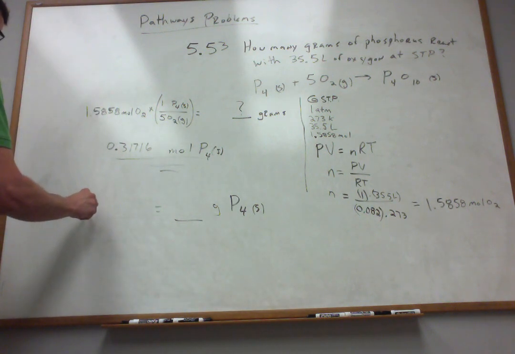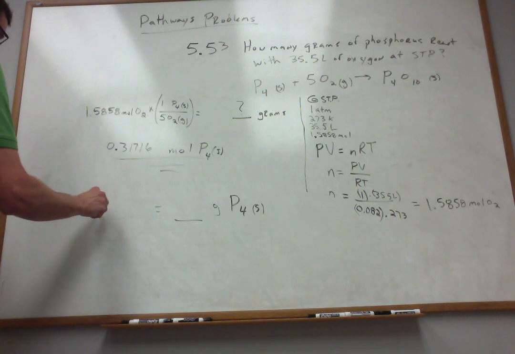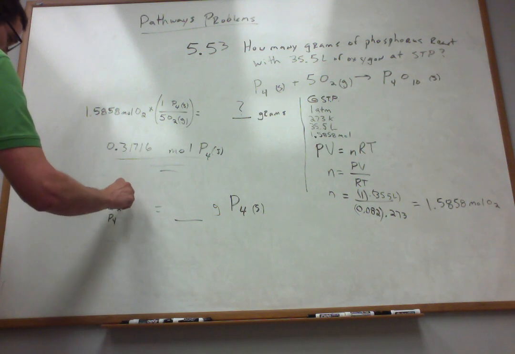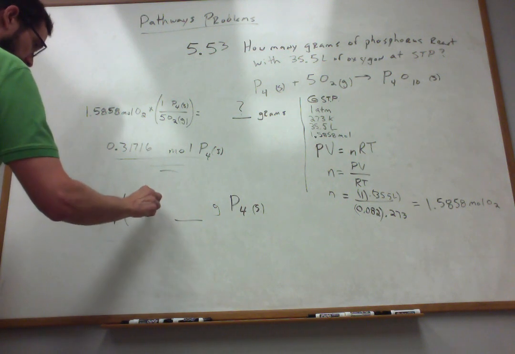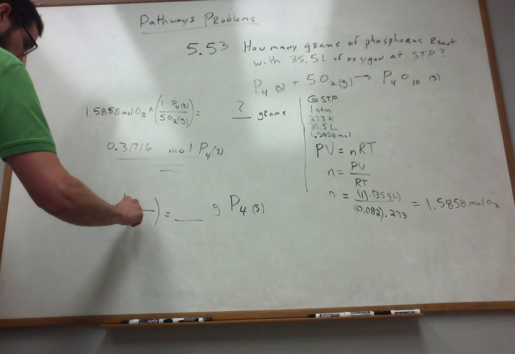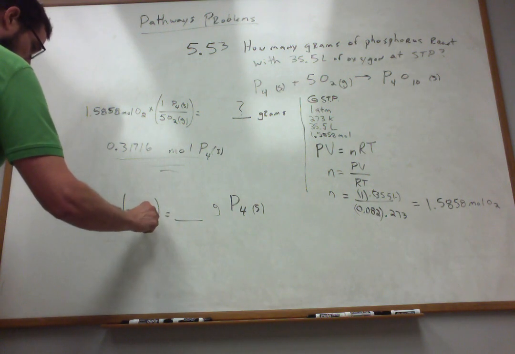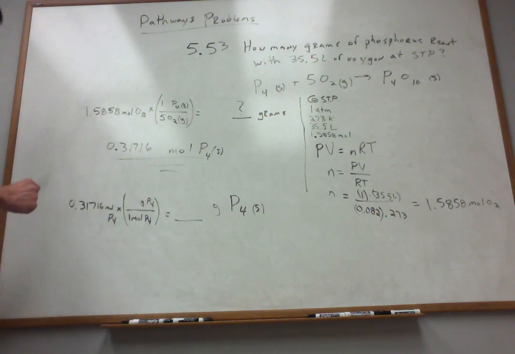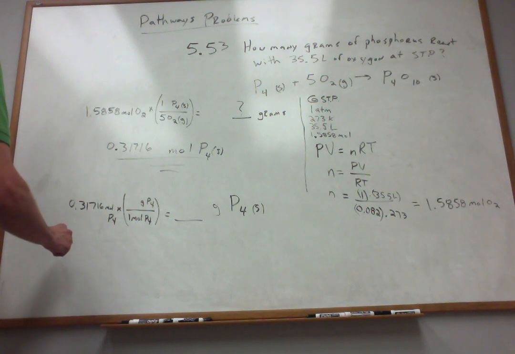So I take the amount that I've got, 0.31716 mole P4, and I'm going to multiply by grams per mole.